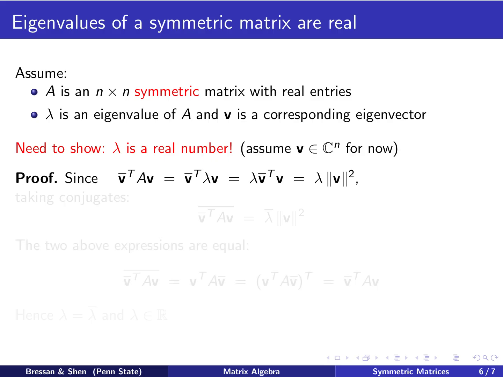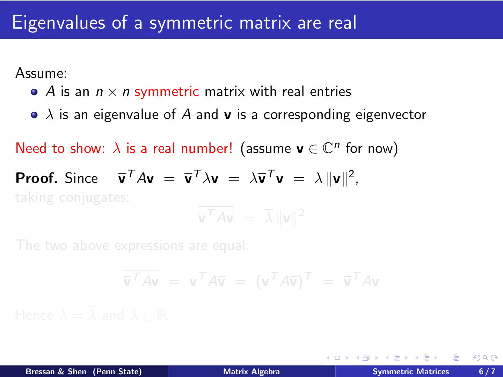Now let's first compute this quantity here: conjugate v transpose times A times v. So v is a column vector, A times v is a column vector, and this is a row vector, so in the end this becomes a number. So what does that become? We're assuming v is an eigenvector, so A times v is just lambda times v.